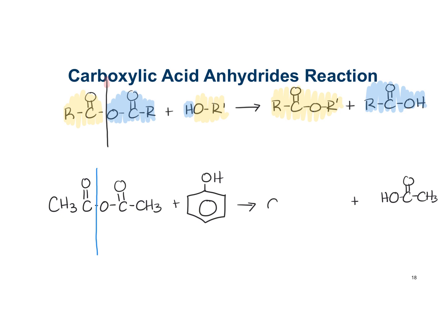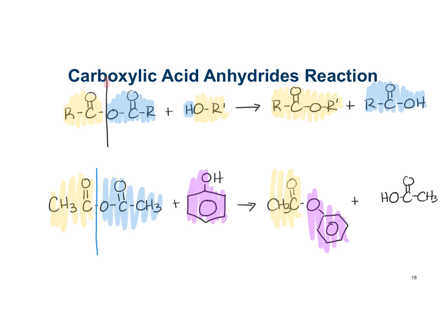And then we have CH3, C double bond O, and that is going to form, and that's a terrible cyclohexane there, that ring there. So when we look at the separations, we have this right here, and then we have this right here, and they formed, and then this and this right here have formed that molecule.